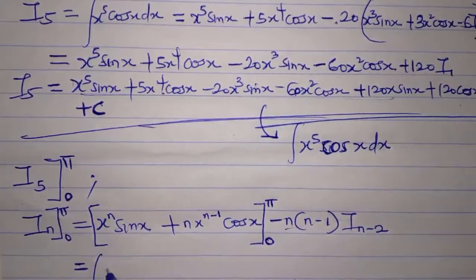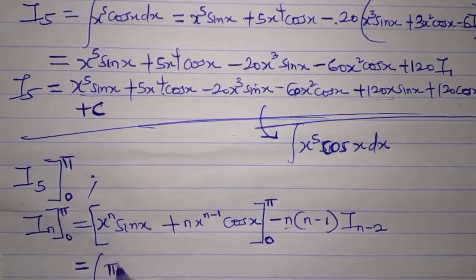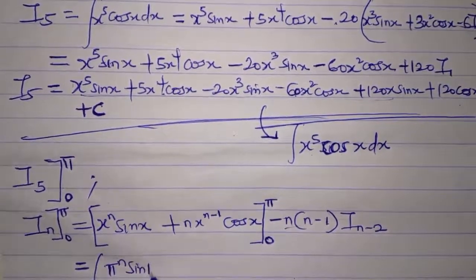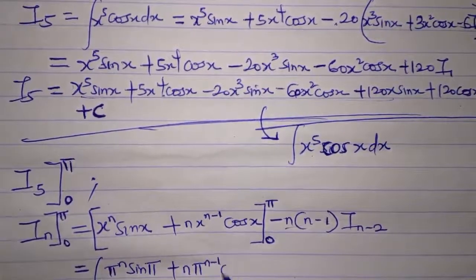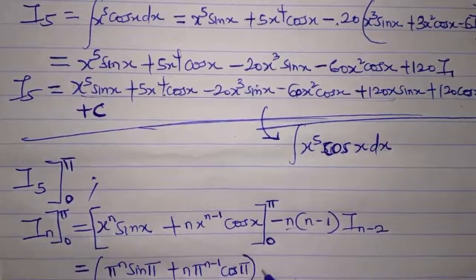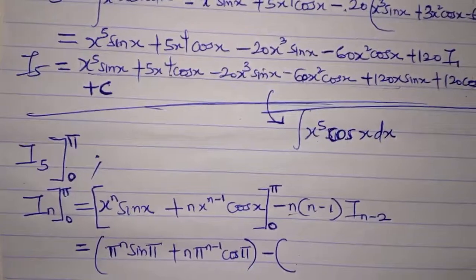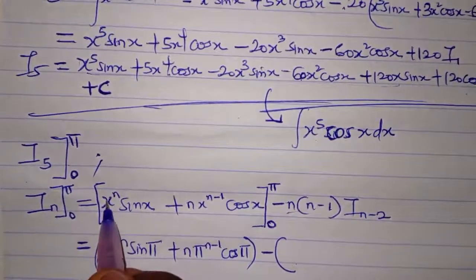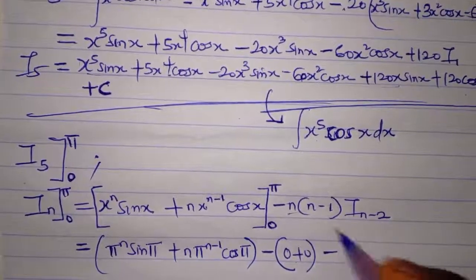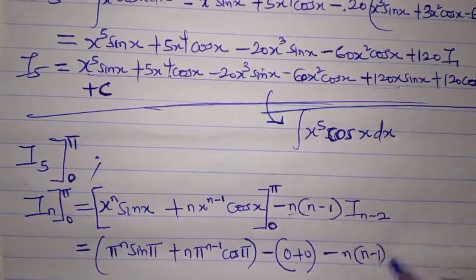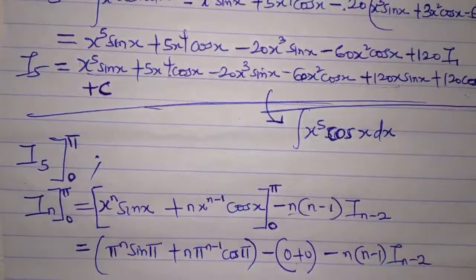That will be pi to the n sine pi plus n pi to the n minus 1 cos pi, minus, we're now plugging 0 for x. Everything there is 0. Minus n minus 1, I sub n minus 2.